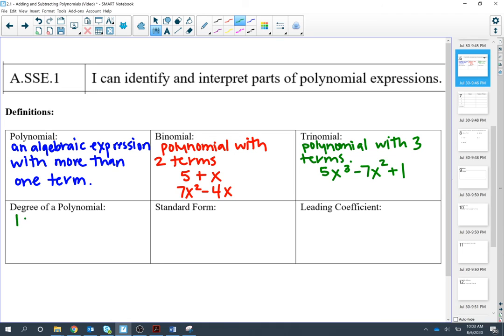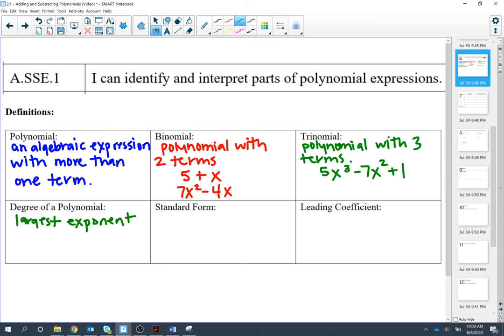Now, the degree of a polynomial is the largest exponent. We could get a little more complicated than that, but that's what I'm going to go with here, because polynomials are a little different than monomials. If it's a monomial, you just start adding whatever you've got.